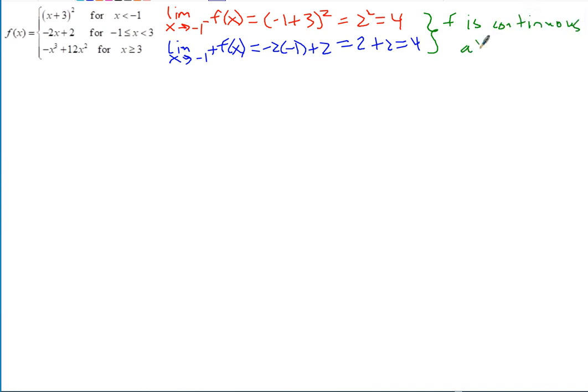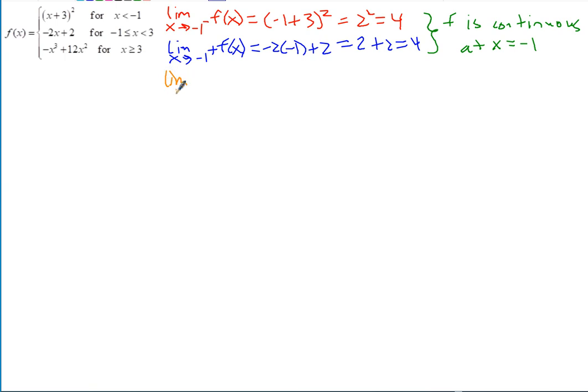at x equals -1. So let's do the same thing for the other breakpoint, and then we'll talk about why it's important whether the function is continuous or not. So our other breakpoint, you can see, is positive 3. So let's do the same thing, see if it's continuous or not at 3.